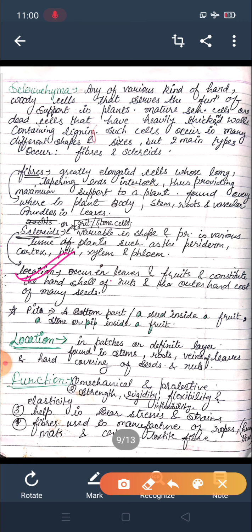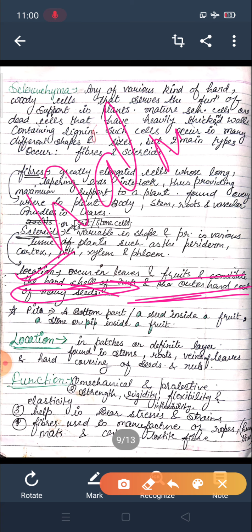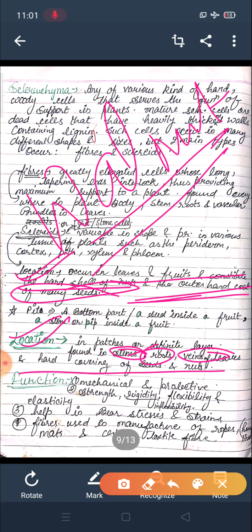They are present in leaves, fruits, and constitute the hard shell of nuts, the outer hard coat of many seeds like walnut, right? And what is the location? It is found in stem, roots, veins of leaves, and the hard covering of seeds and nuts.